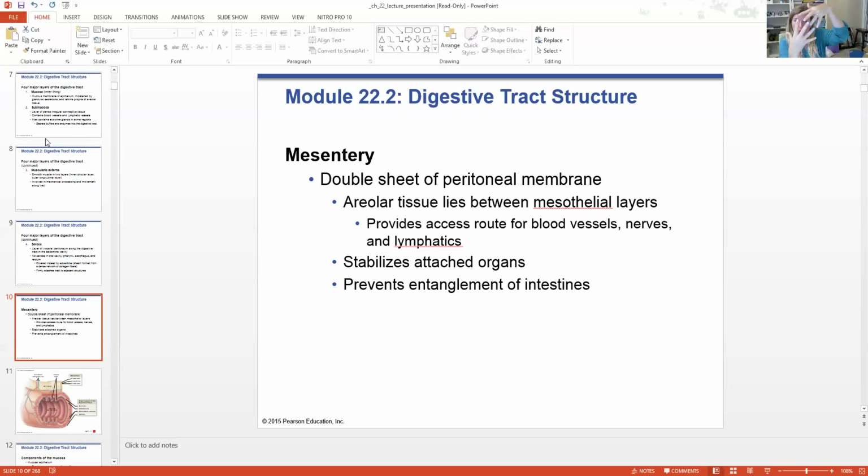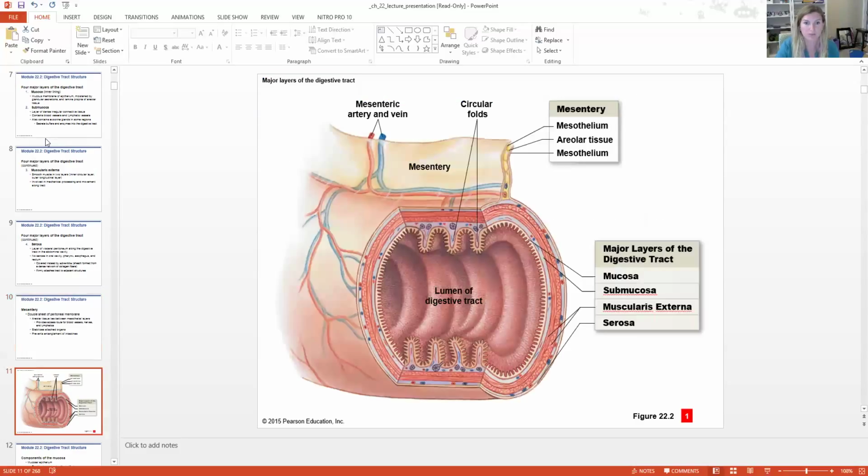If you were to actually pull it out, you would see that there is this connective tissue linking it all together. That's the mesentery. And so it's rooting the organs to the abdominal wall, rooting the organs to each other, and not allowing for them to twist and tangle into each other, because they're not contained in a bony cavity. They're just held there by these tissues.